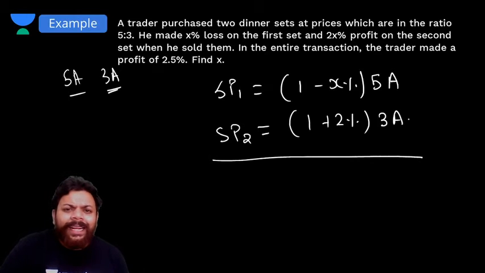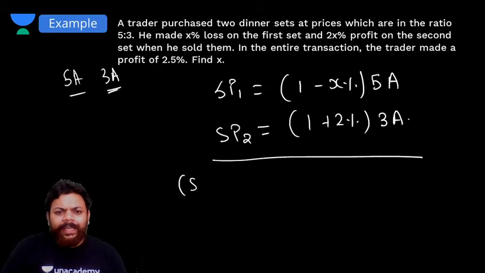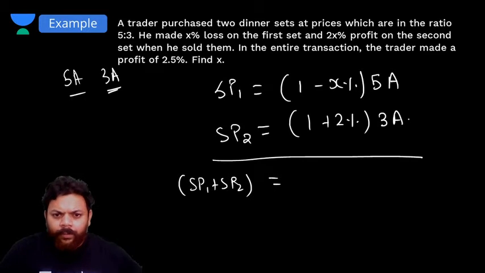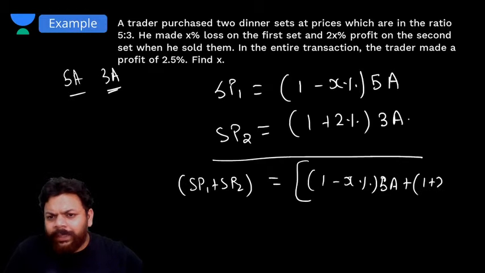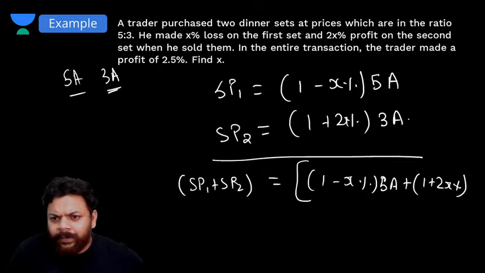And whenever we add these two, we get SP1 plus SP2, which is 1 minus X percent of 5A plus 1 plus 2X percent of 3A.